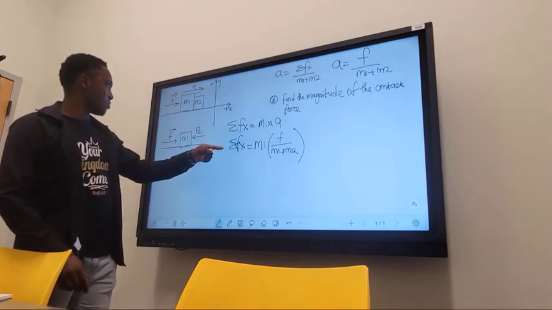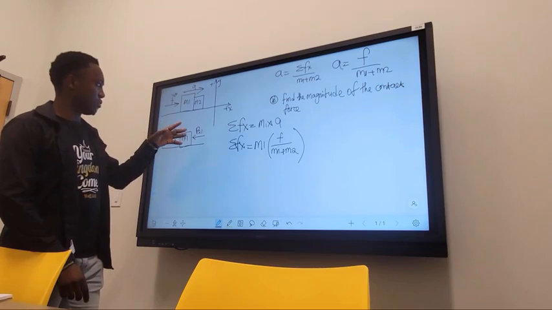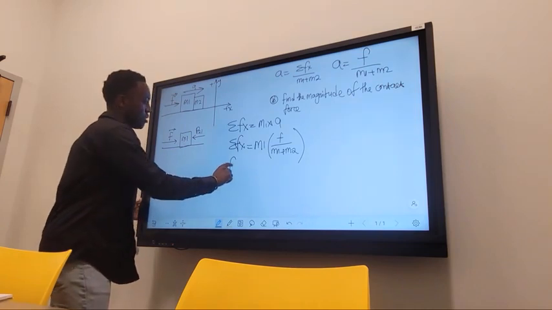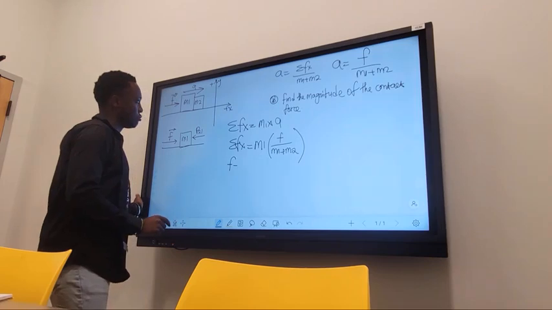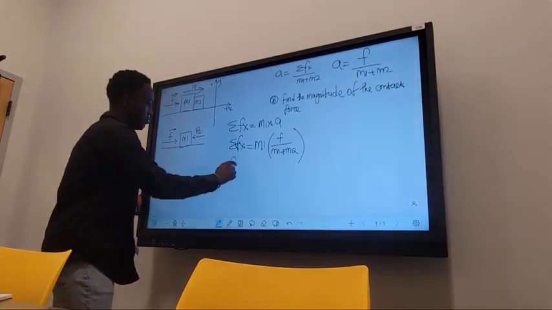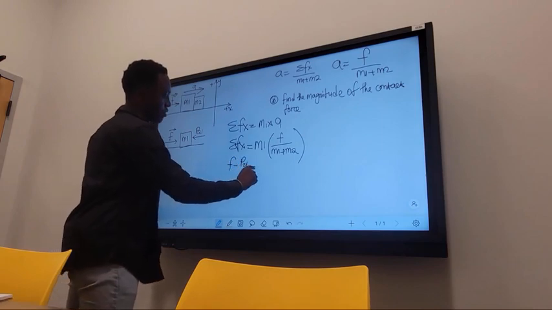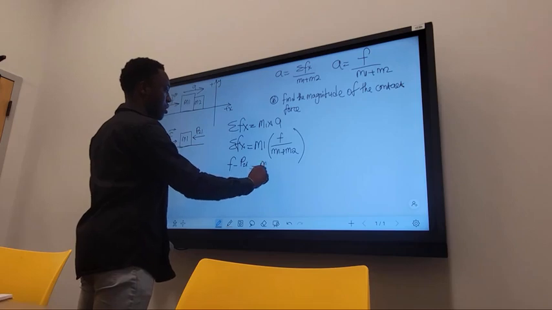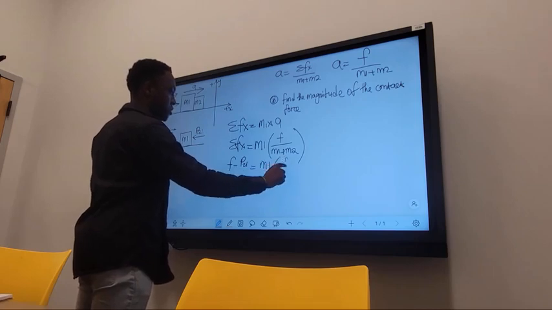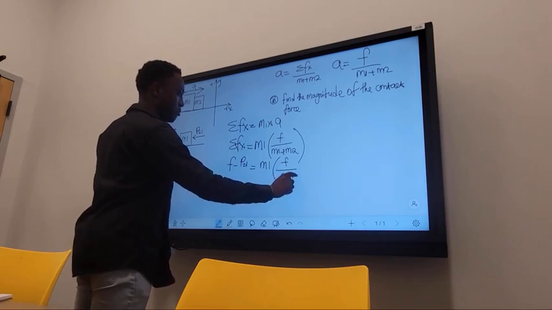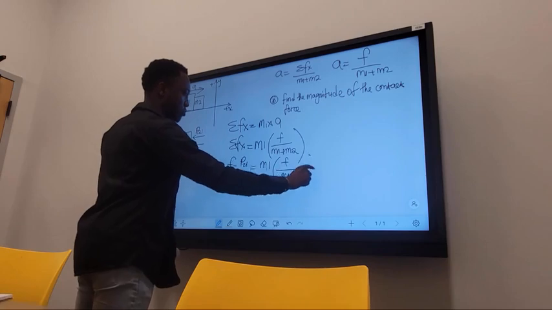Now the summation of all forces, when you split it and you're looking for the contact force, is the force happening on M1 minus the contact force being applied by M2 on M1. We're going to call that P21. All this is equal to M1 times the force over M1 plus M2.